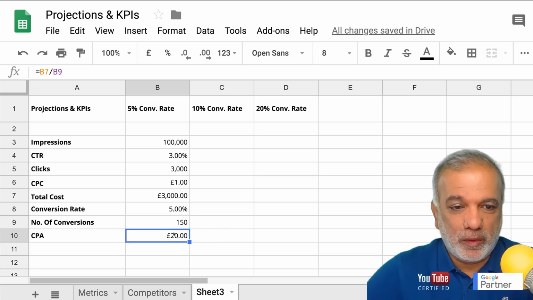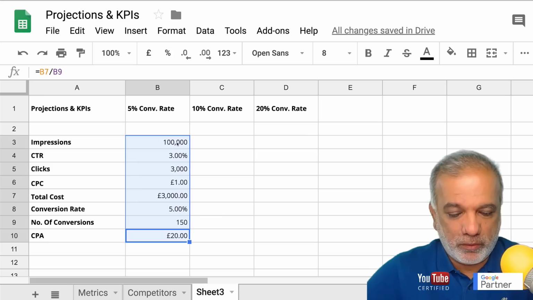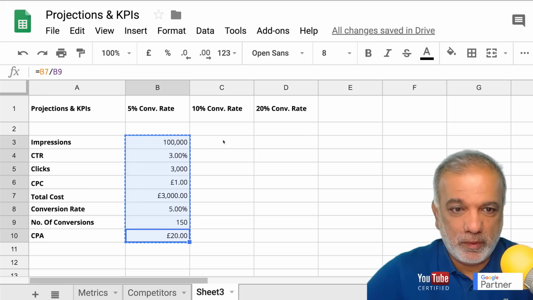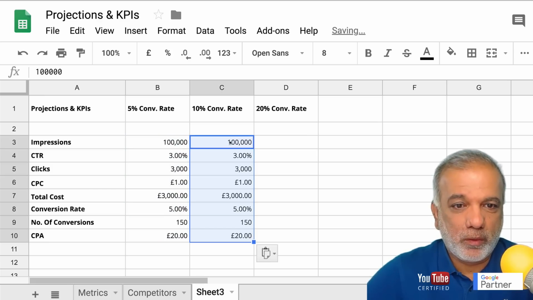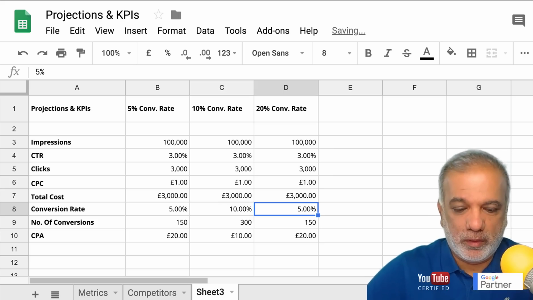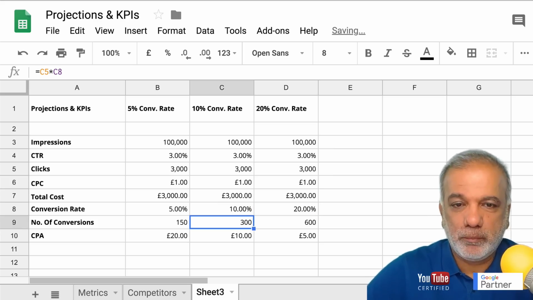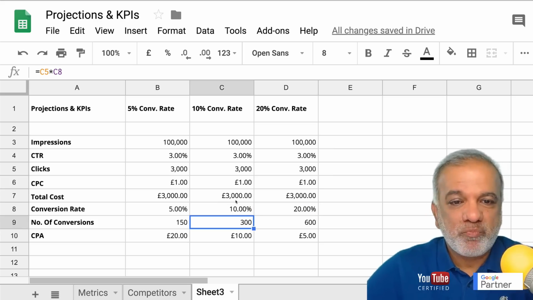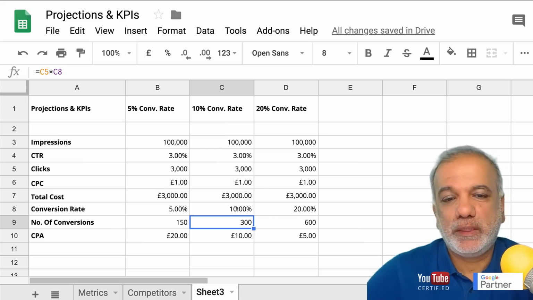Now, to work out all your other numbers, all I do is copy that and paste it into these columns, and I change my conversion rate. So everything else stays the same. All I've done is change my conversion rate.